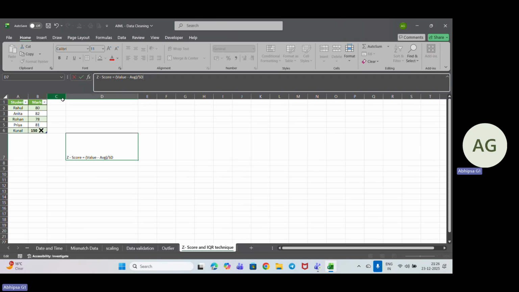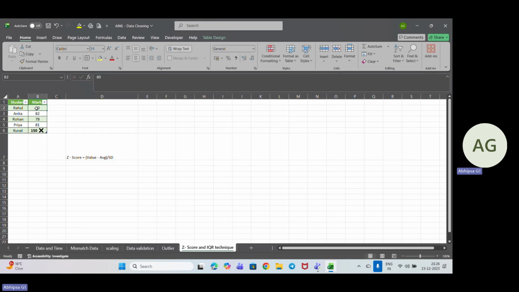Value is the number we want to check, suppose 80, along with the average of the class. Now I want to divide it by the standard deviation. Standard deviation is how spread out the numbers are, right?